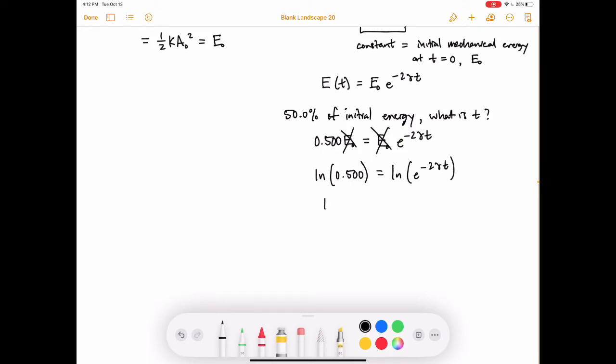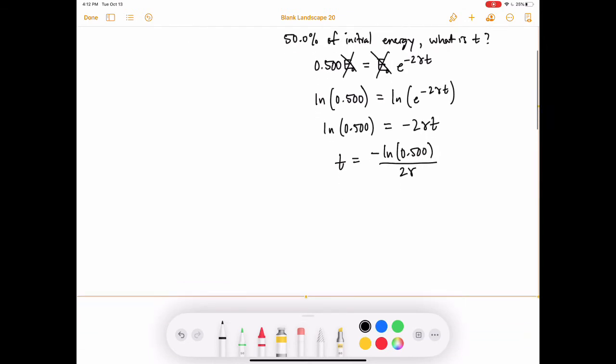So we have natural log of 0.500 equaling minus 2 gamma t. So t is going to be minus natural log of 0.500 divided by 2 times gamma. And that's going to be the time we're looking for.